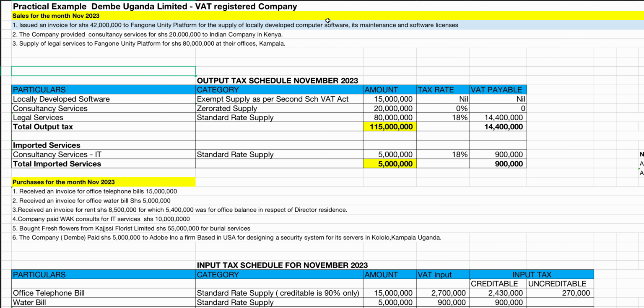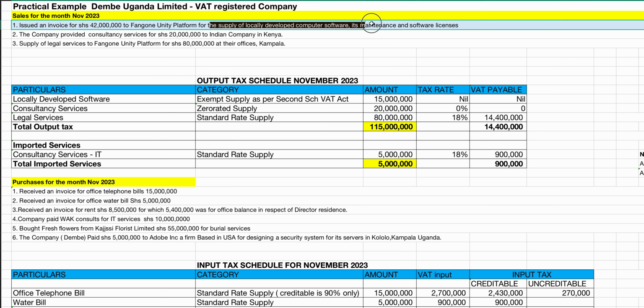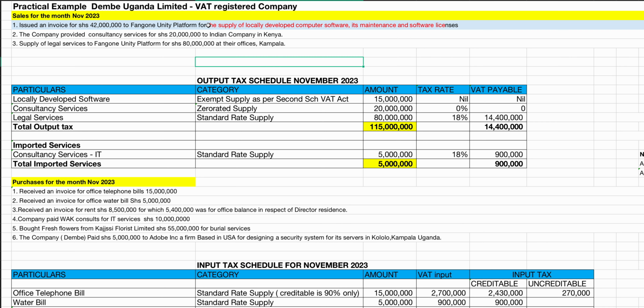The supply of a software and maintenance of a locally developed software is an exempt supply as per the second schedule of the VAT Act. I've also specified it here for you. What does it mean?